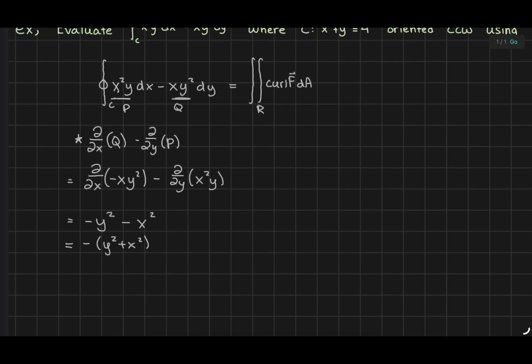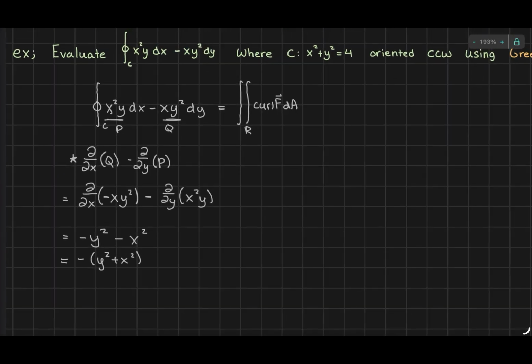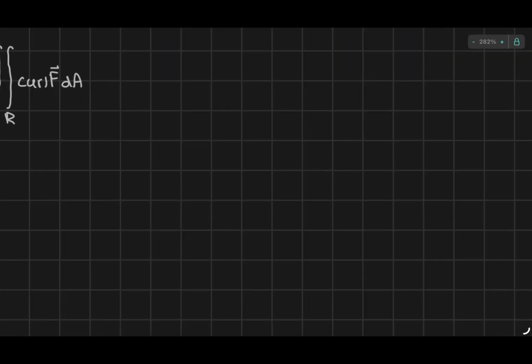I might have skipped a step there. Not really skipped a step, but I did something in my head. It's a circle, so we know we're going to be using polar coordinates here for our final double integral. So let's go ahead and set up our integral. We have the double integral.